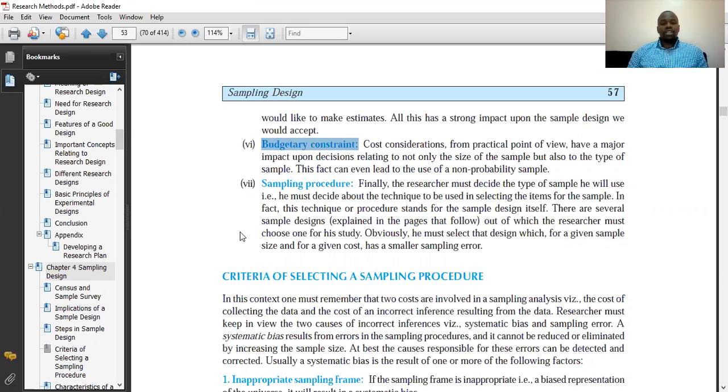For instance, if it's questionnaires you'll be giving out, if you have 2,000 in a sampling unit or in a source list, and you pick 1,000 as your sample, how many questionnaires are you going to print? 1,000. Probably one questionnaire has 2 pages. So 1,000 times 2, 2,000 pages, and printing each page is 3 shillings. 2,000 times 3, 6,000 shillings.